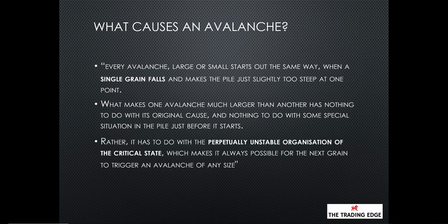Rather, it has to do with the fact that it's a complex system, it's perpetually unstable, and it's always in a potentially critical state, and that's what makes it possible for that next grain to trigger an avalanche of any size.